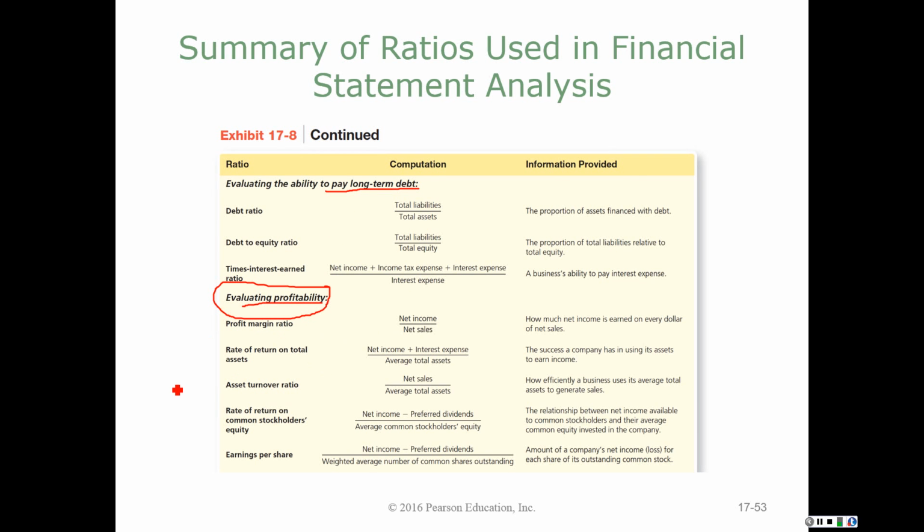So what I would like for you guys to leave this class with is the basic understanding of these calculations and which ratios are most important to you if you are a creditor versus a financial analyst versus a manager within an organization.